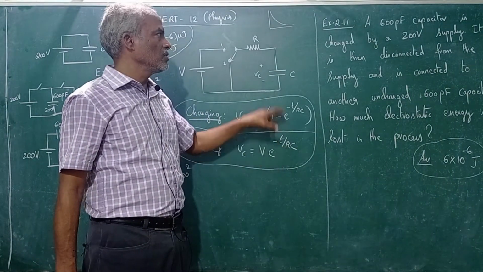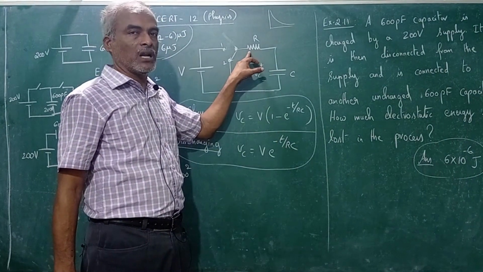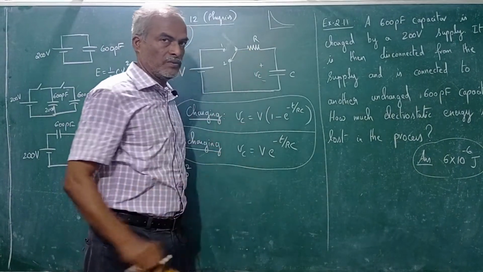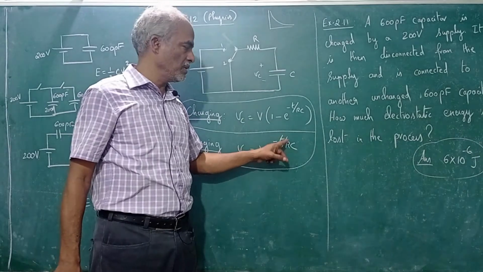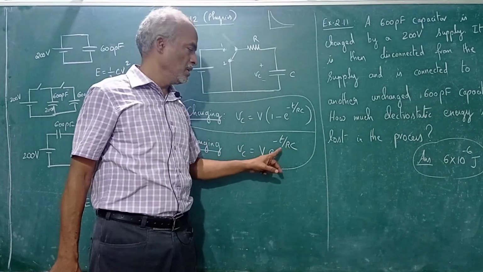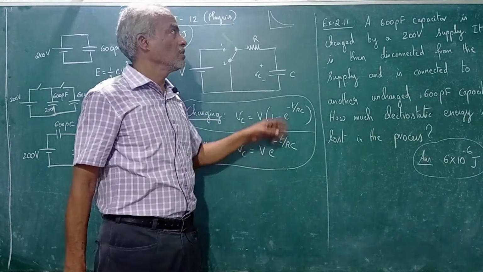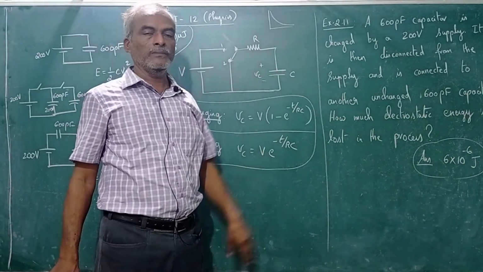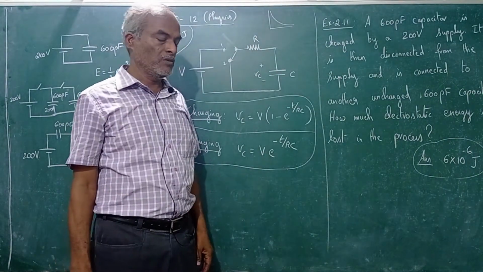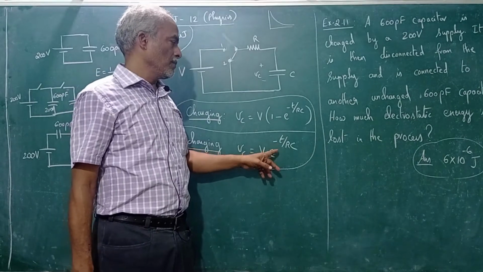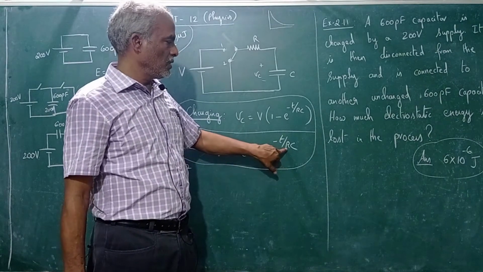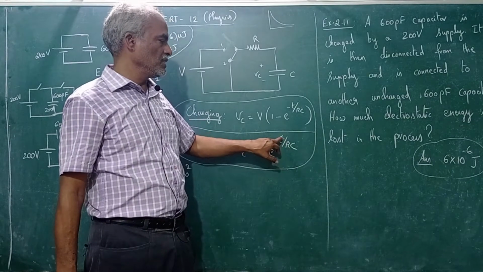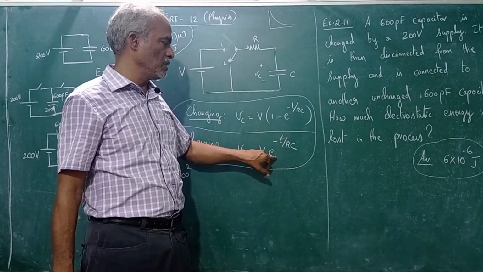Once again you just see the discharging phase. If this R is equal to 0, that means you don't have any R, it's just a short circuit. So if R is 0, this denominator is 0. Anything divided by 0 is infinity. e power minus infinity is 0, I told you it is an exponentially decaying curve. Only at infinity it will be 0.